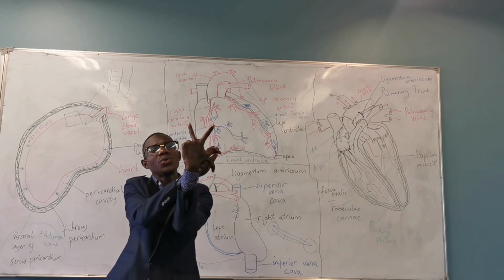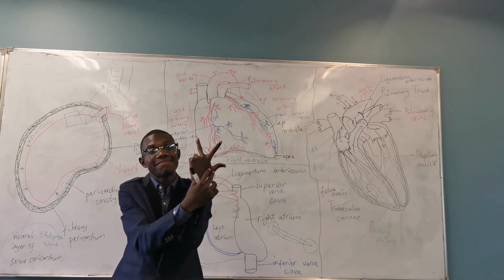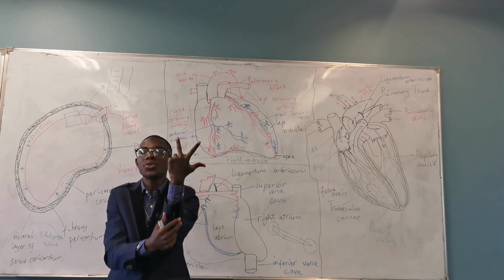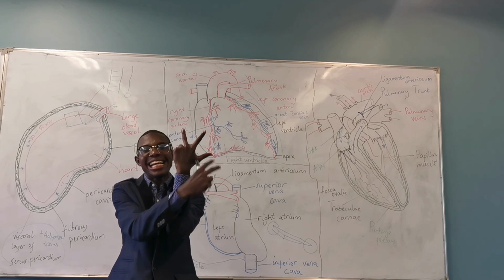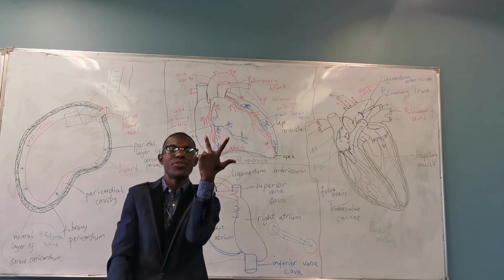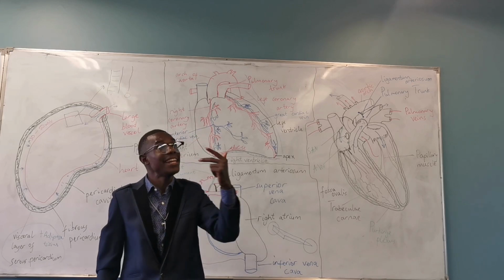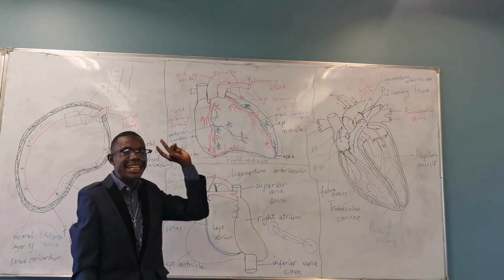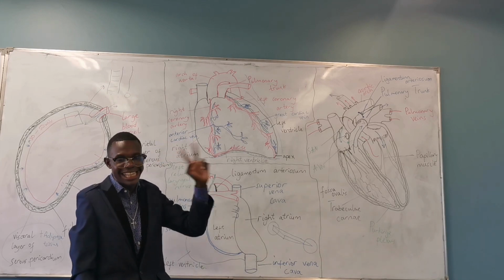And then we are going to have another vein called the azygous vein. The azygous vein is going to drain at the posterior aspect of the superior vena cava. So the superior vena cava is formed by the left brachiocephalic vein, right brachiocephalic vein, and azygous vein.